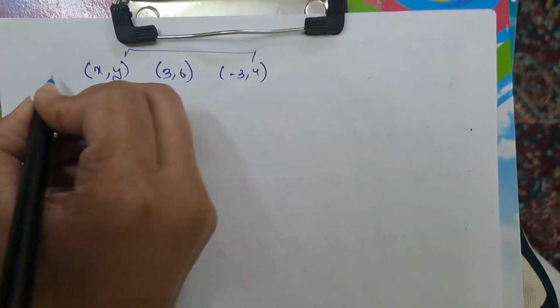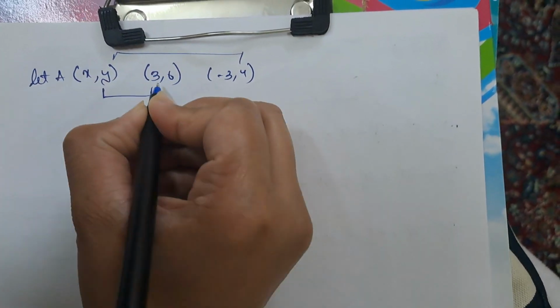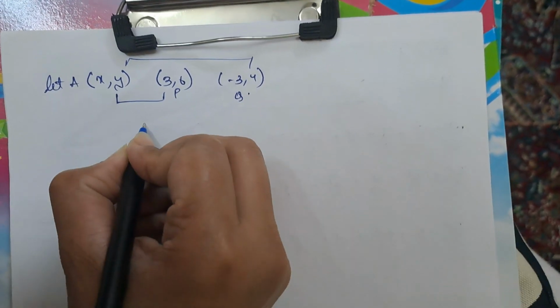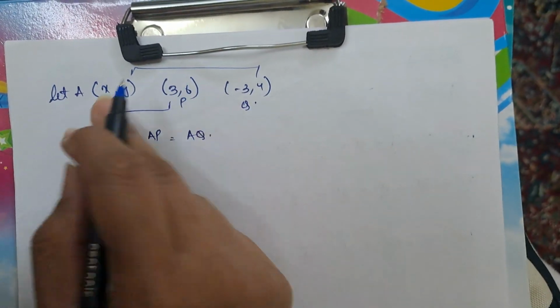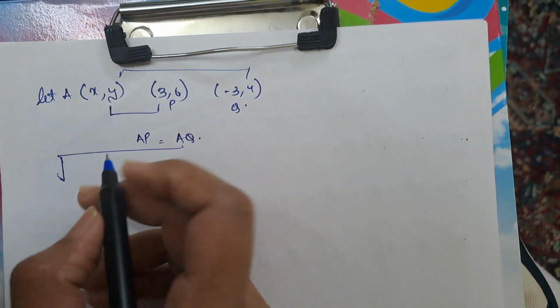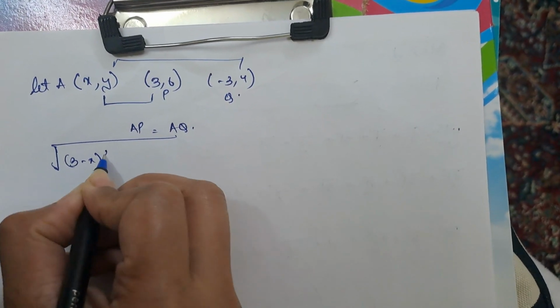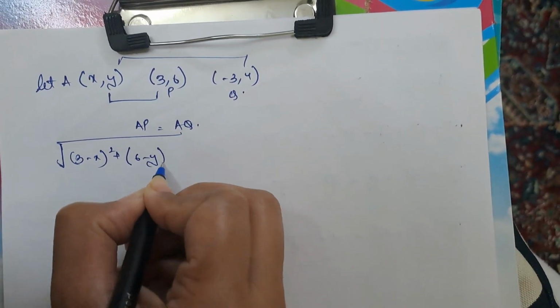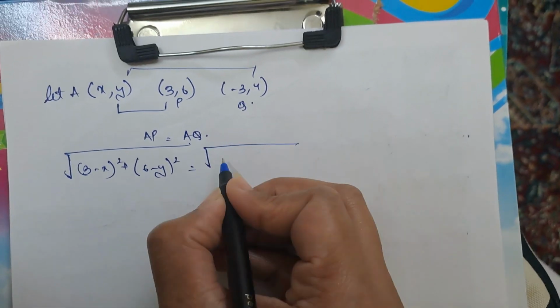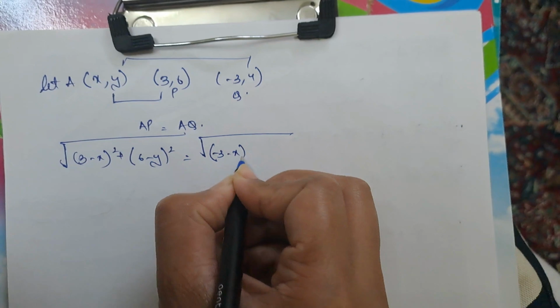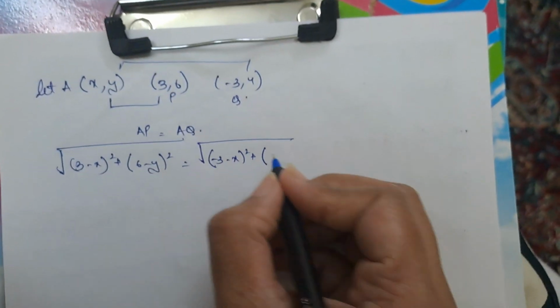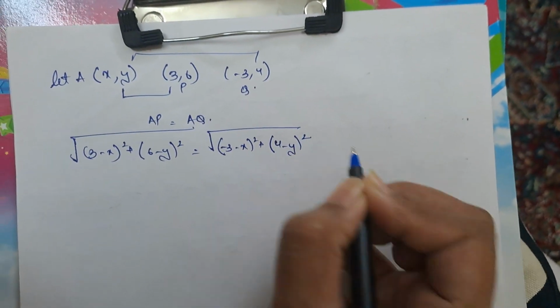Again the same thing, let this be A, and these be P and Q. So the distance AP is equal to the distance AQ. I'm applying the formula: under root of (3 minus x) whole square plus (6 minus y) whole square is equal to under root of (-3 minus x) whole square plus (4 minus y) whole square.